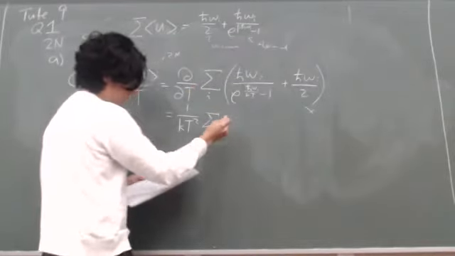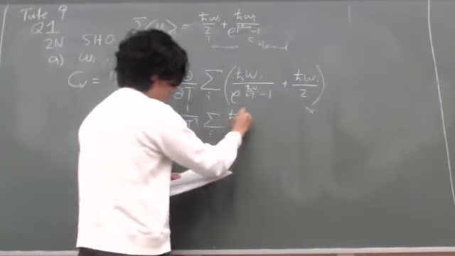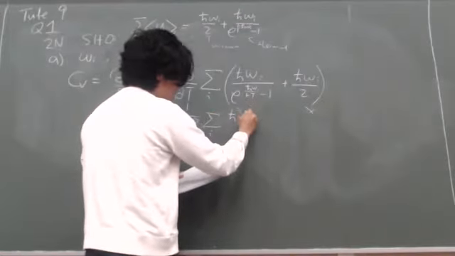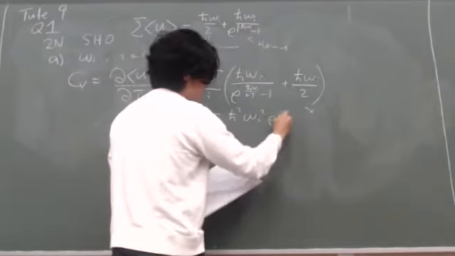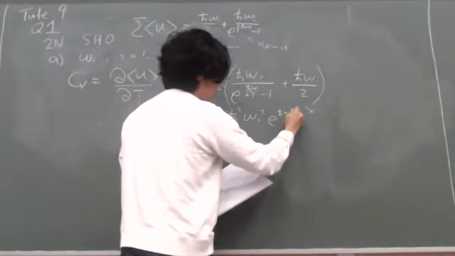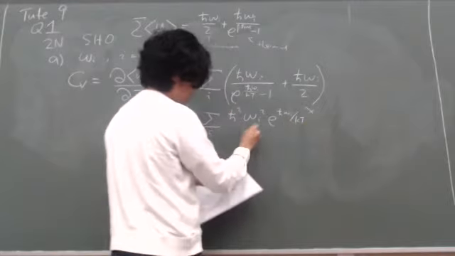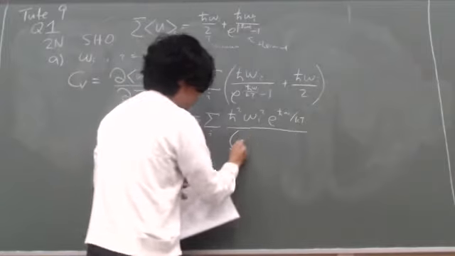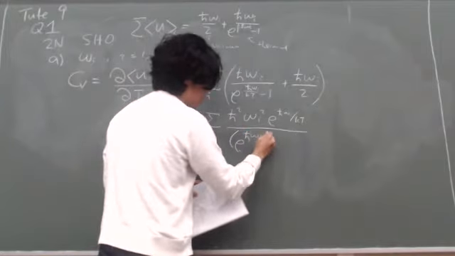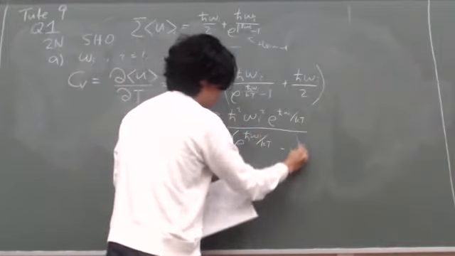Sum over I, you can take the derivative in and out of the summation, no problems. H bar squared, omega I squared, e to the H bar omega I divided by kT, divided by e to the H bar omega I divided by kT minus 1, squared.